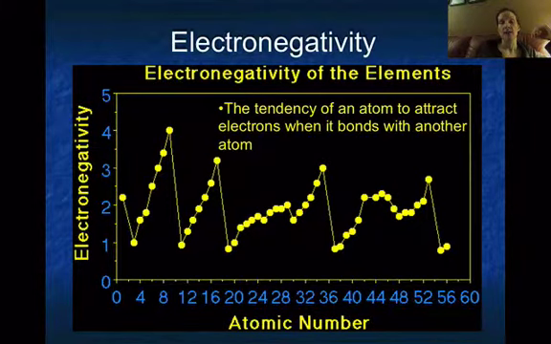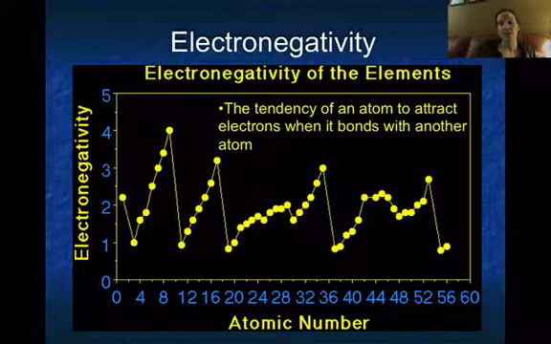So there are these half full and completely full configurations where we have a degree of stability, where they don't want to lose electrons. They pull a little bit closer and draw electrons toward themselves a little bit better. So there are still discrepancies in electronegativity, but focus on the discrepancies in ionization energy because they're more clean and clear.